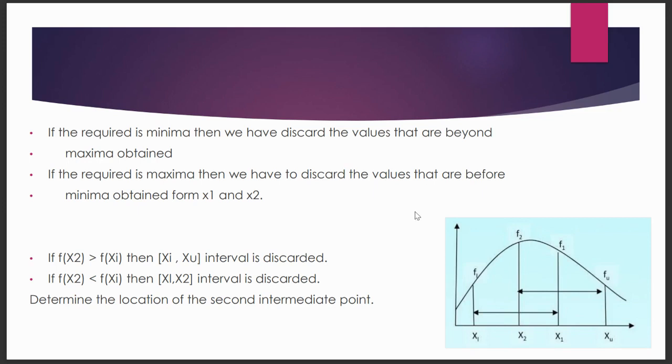The graphical representation is given like this: the two interval points xl (x lower) and xu (x upper), and the two intermediate points are given by x1 and x2. So we will compare these 2 points, then we will decide in which direction we have to go according to the question given. If they ask minima, if they ask maxima, we apply these two conditions given here.